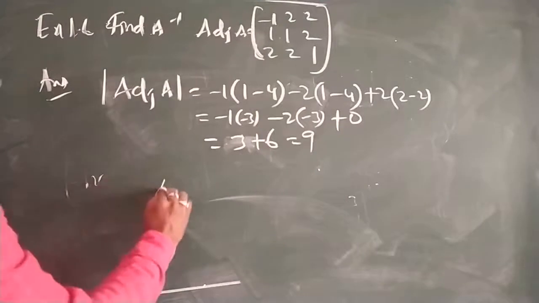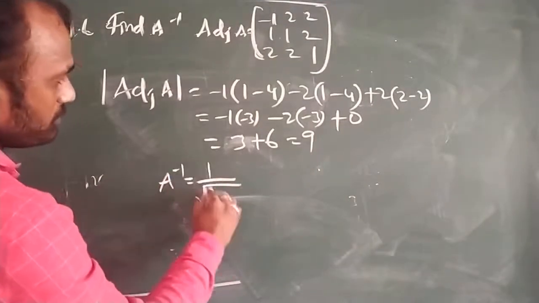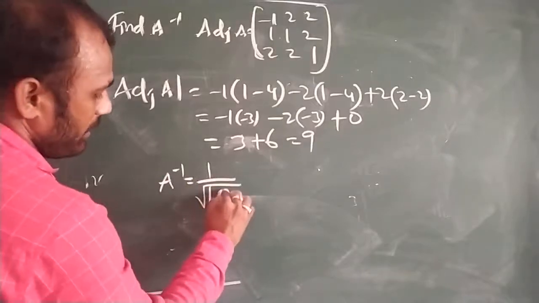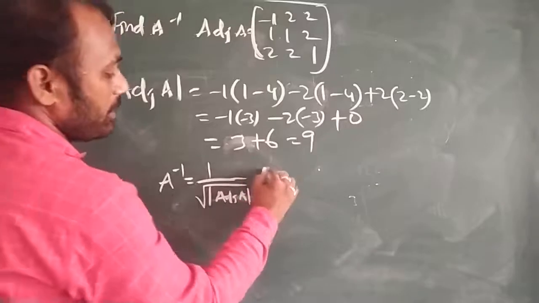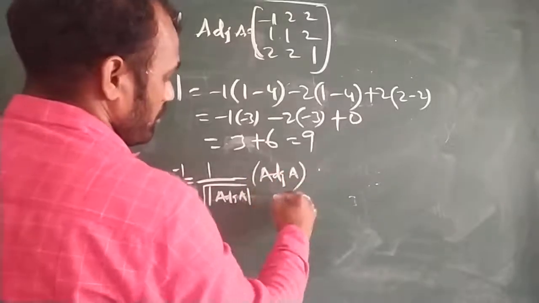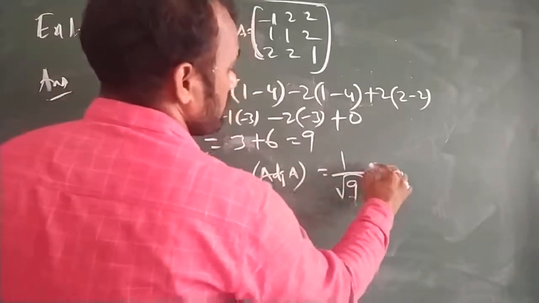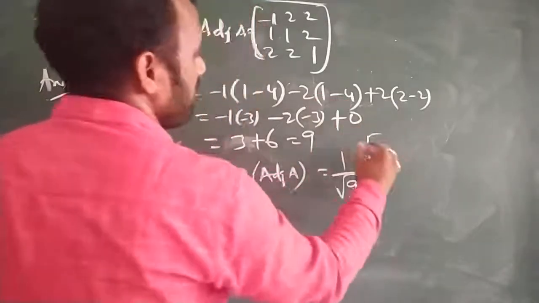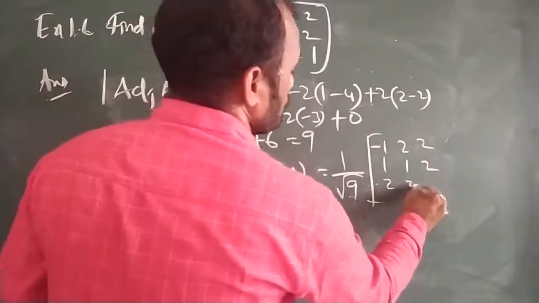So A inverse is equal to 1 by root of mod adjoint A, into adjoint A. That is 1 by root 9 into the given matrix, which is -1, 2, 2, 1, 1, 2, 2, 2, 1.